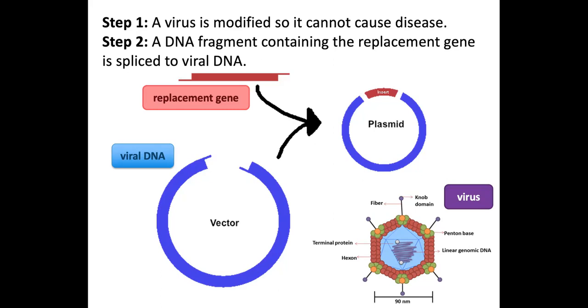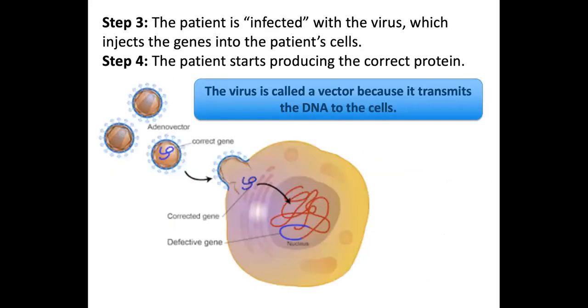So we've got our DNA, we've got a replacement gene, and when we insert it in, this is what it looks like. The patient is now quote unquote infected with the virus, which injects the genes into the patient's cells.